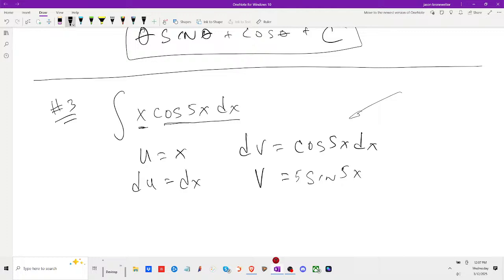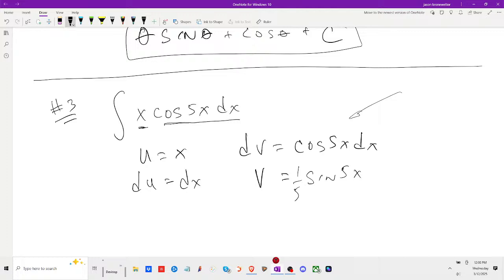I would get 5 cosine 5x, and I don't want that, so I have to put a preemptive strike in there and put a 1/5 for that 5 that's coming when I take the derivative. You see, I want the thing whose derivative is cosine 5x. Sine 5x is the thing that gives me cosine 5x. The problem is I get this extra 5 when I take the derivative because of the chain rule.